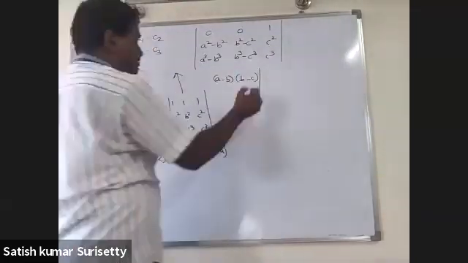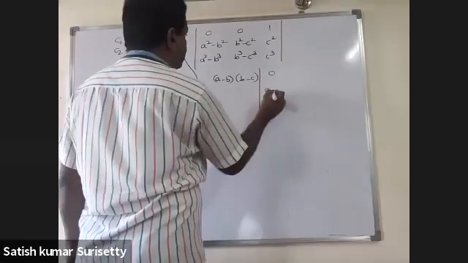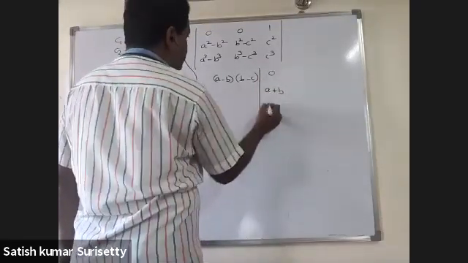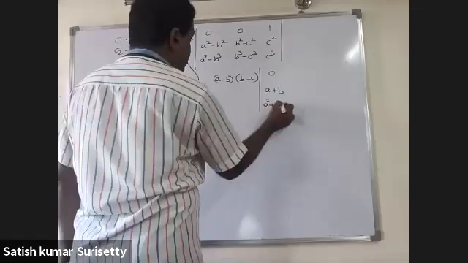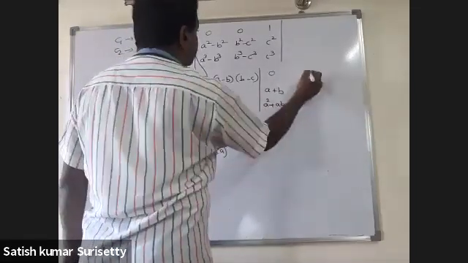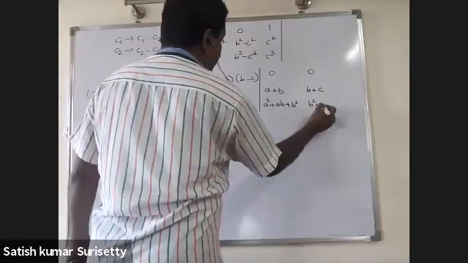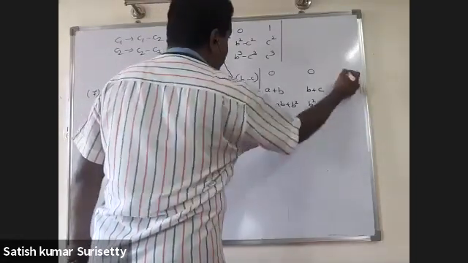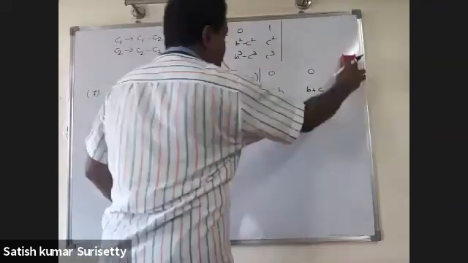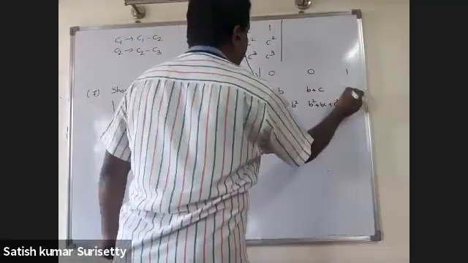At the remaining, 0, A plus B, A square plus AB plus B square, 0, B plus C, B square plus BC plus C square, 1, C square, C cube.